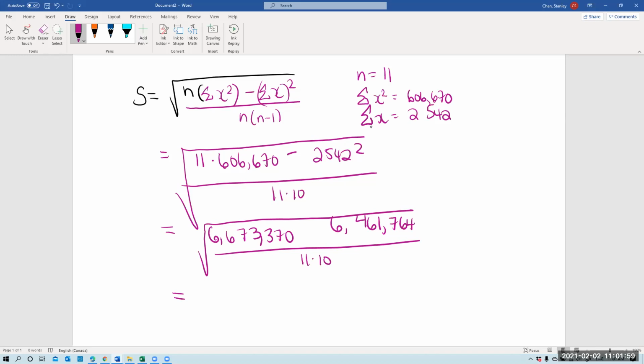So 6,673,370 subtract 6,461,764 equals 211,606, divided by 11 times 10, which is 110.